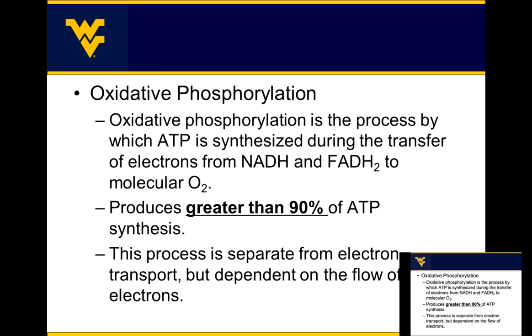This is where you transfer these protons and their electrons from our coenzyme factors of our dehydrogenase enzymes, ultimately passing the electrons to molecular oxygen, and we form ATP. And notice that more than 90% of ATP synthesis comes through this process. These are two separate processes that are coupled together through the use of molecular oxygen and forming that energy field, that proton gradient. We can rephosphorylate an ATP.